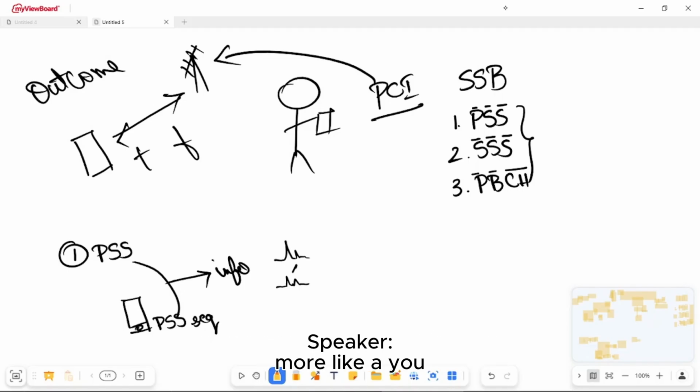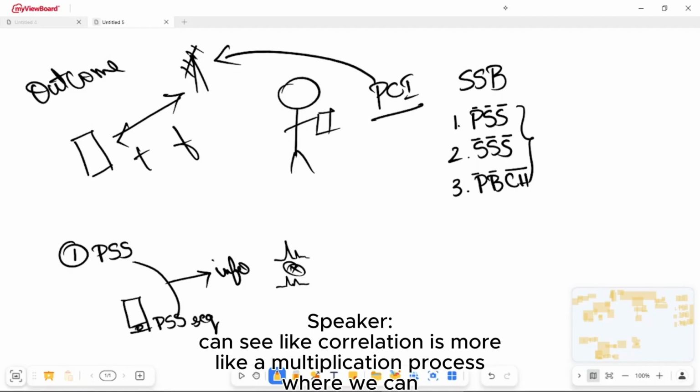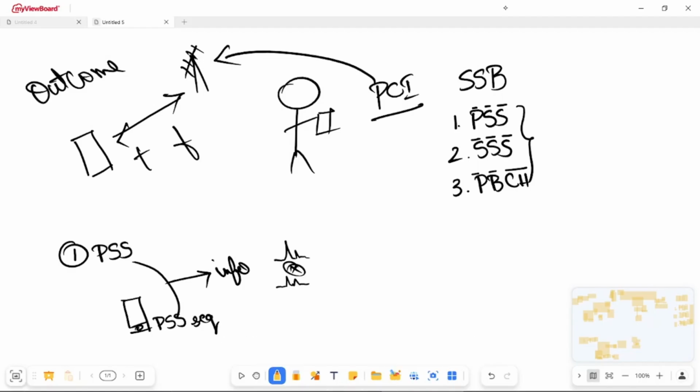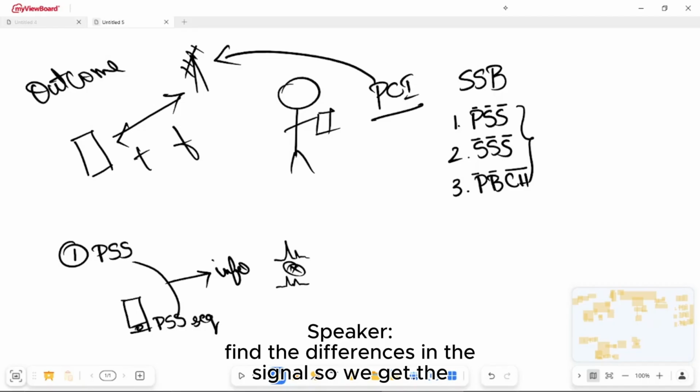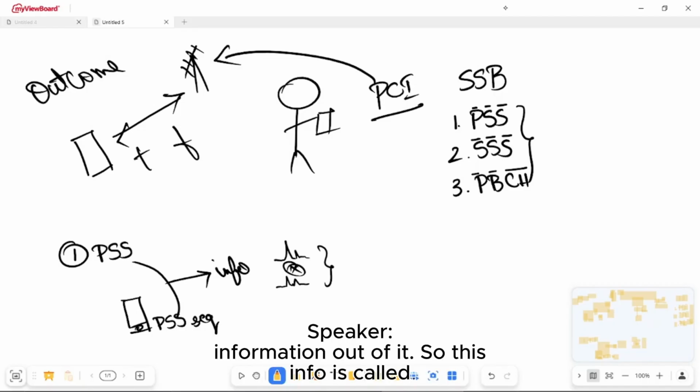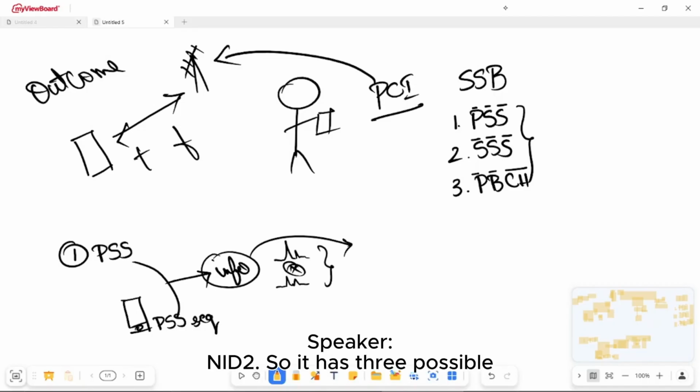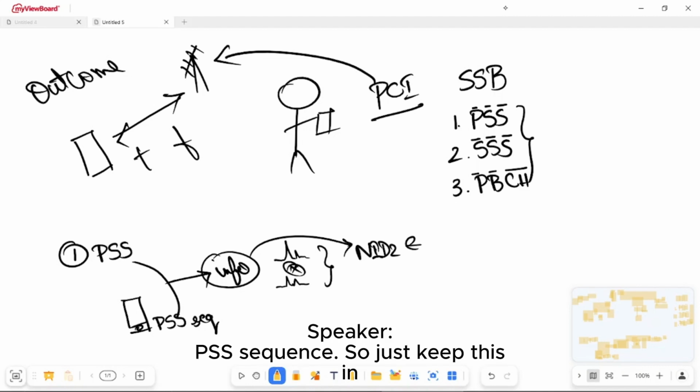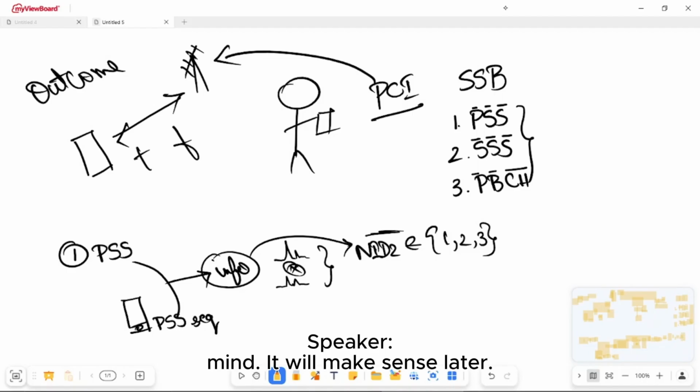It's more like a multiplication process where we can find the differences in the signal so we get the information out of it. This info is called NID2. It has three possible PSS sequences. Just keep this in mind, it will make sense later.